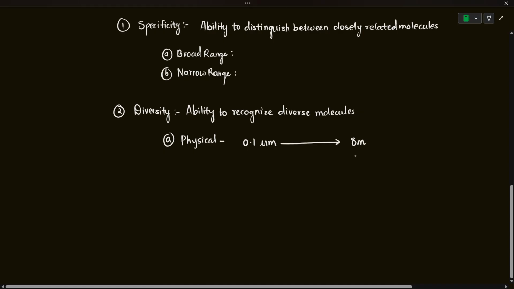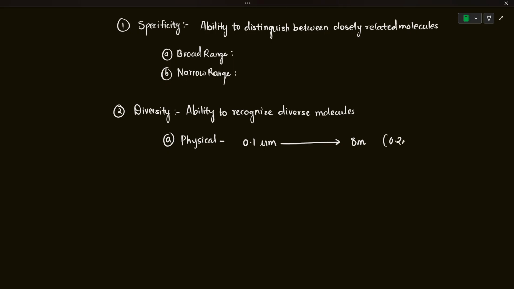Taenia solium, you might have heard about this parasite, is almost 0.2 meter to 8 meters long. So the human immune system has a physical diversity, meaning it is able to recognize the small viruses and microscopic bacteria, up to large parasites such as Taenia solium.